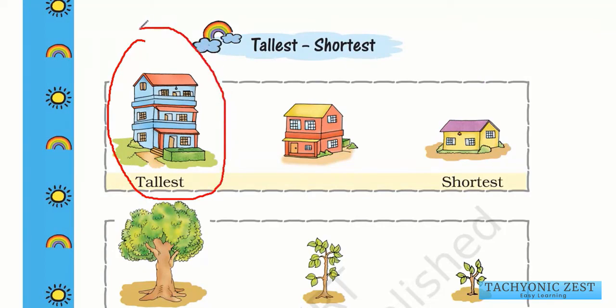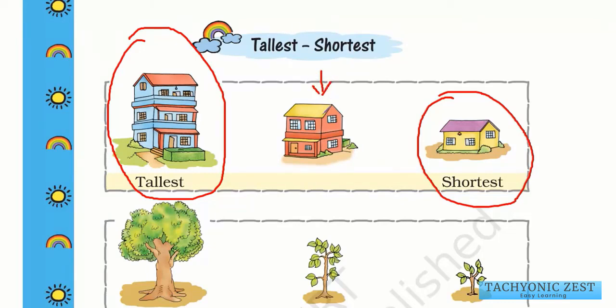This house is the tallest house because its height is maximum, or its height is the tallest, and this house is the shortest house. Okay, because there is just one floor here, and here there are three floors, we can see. And this house over here, it is like it is in between.